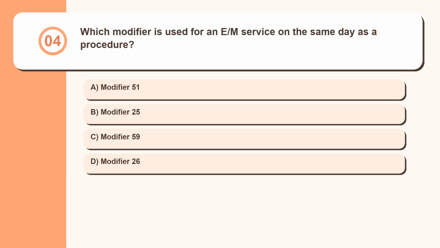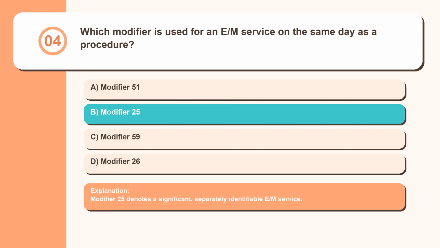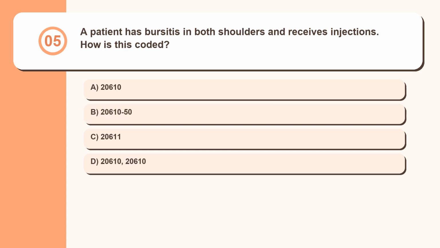Question 4. Which modifier is used for an E/M service on the same day as a procedure? Modifier 51, Modifier 25, Modifier 59, Modifier 26. Modifier 25 denotes a significant, separately identifiable E/M service. Question 5.